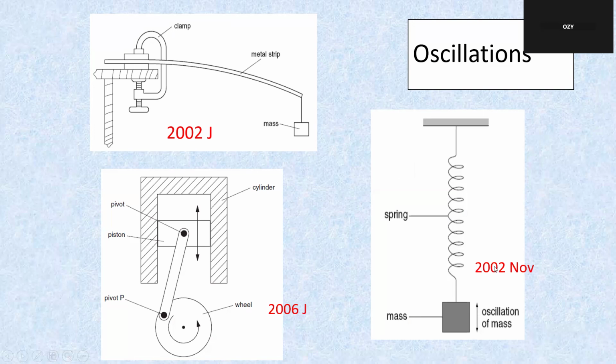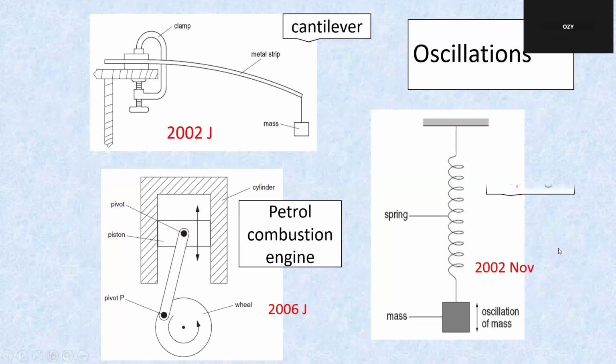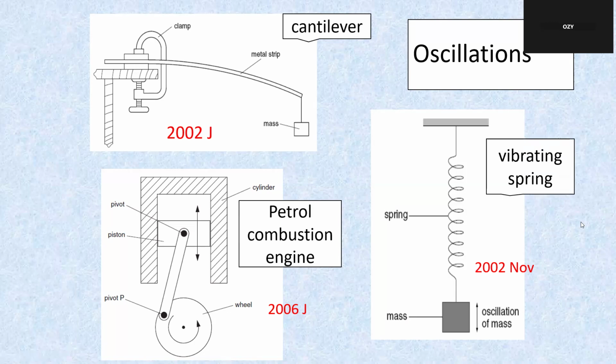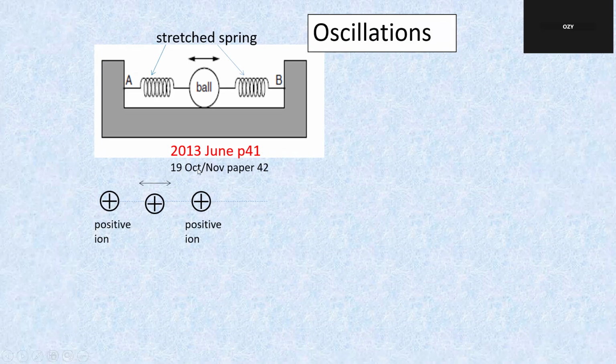This one came out in 2002 November. This one came out in 2019 October November, paper 42, or 2013 June 3.